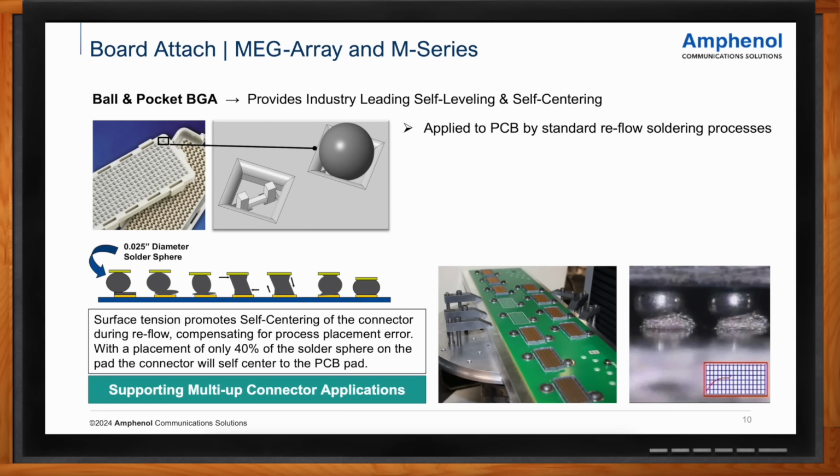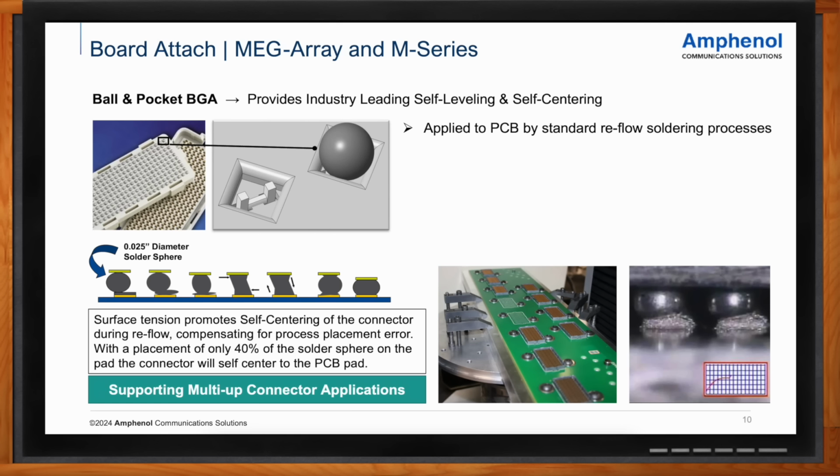First off, when you at the factory place the solder sphere and process the connector, when we build these connectors, we start with a housing, we stitch the contact into the housing, and then at the factory, we place the solder spheres and attach the solder spheres to the housing, ship it to the customer for them to process to their PCBs. With a ball and pocket design, the solder spheres are extremely well controlled.